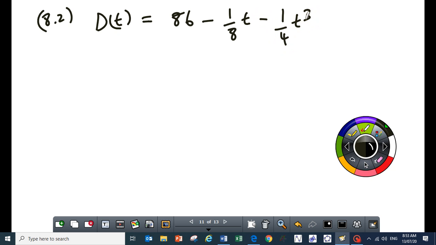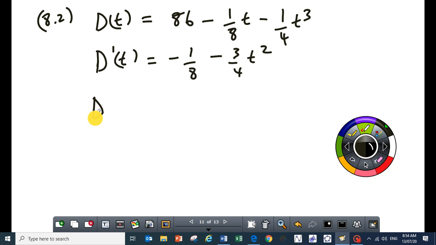So D prime of t will be equal to minus 1/8, and that one will be minus 3/4 t squared. Remember 86 is a constant. The derivative of a constant is 0. And minus 1/8 t, the derivative of a coefficient by a variable is equal to the coefficient. Then all we have to do now is substitute 2 into that.